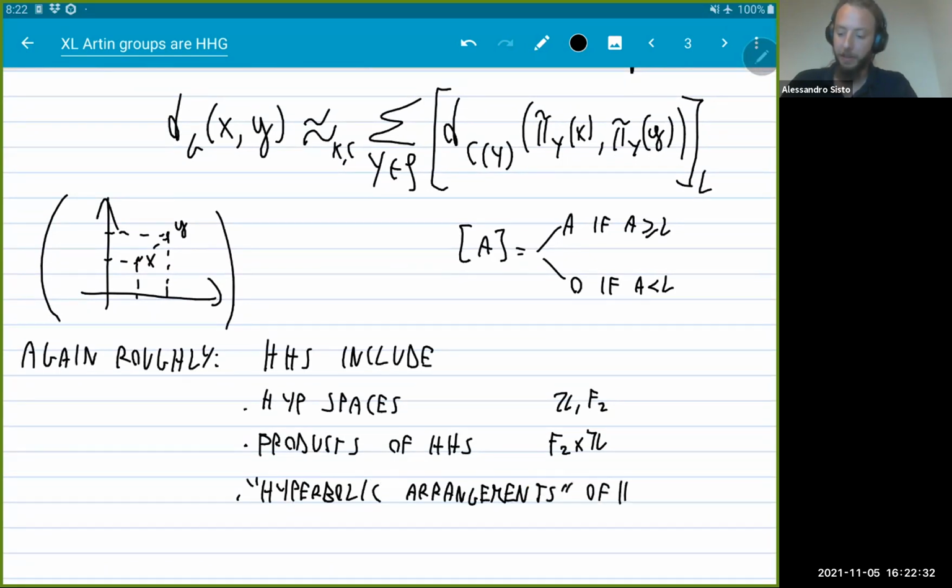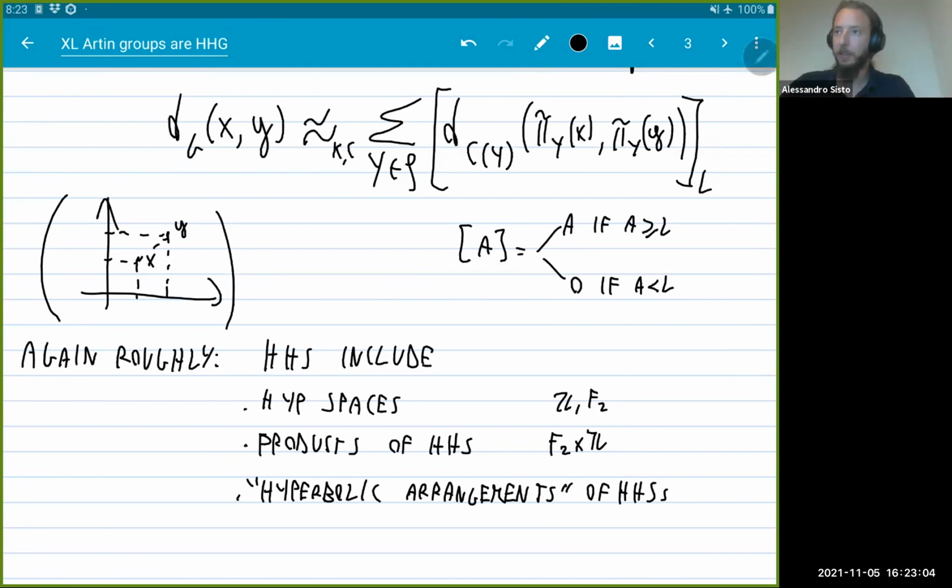Of HHSs. What this is supposed to hint at is that in our case we have a Bass tree, a tree which encodes how these simpler HHSs interact. So our group G is a union of simpler HHSs arranged in a way that's encoded in a hyperbolic space.